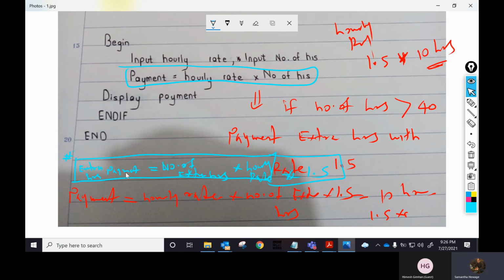That means for a rate of 1000 per hour, 1.5 times is 1500 that I should be paid. So 1500 per hour rate, for example, right? Then 1500 into 10 is my additional extra hours payment.